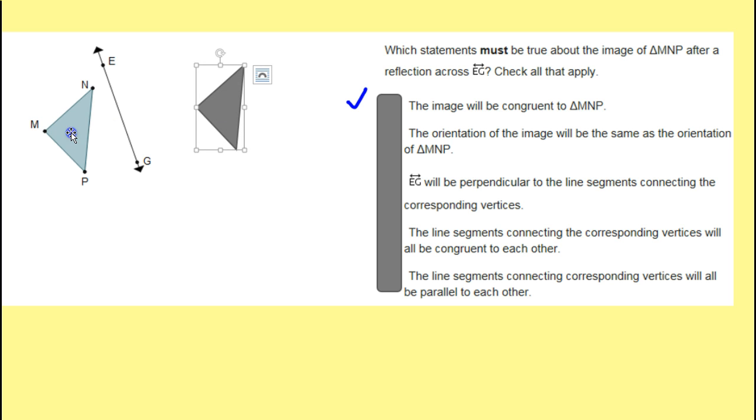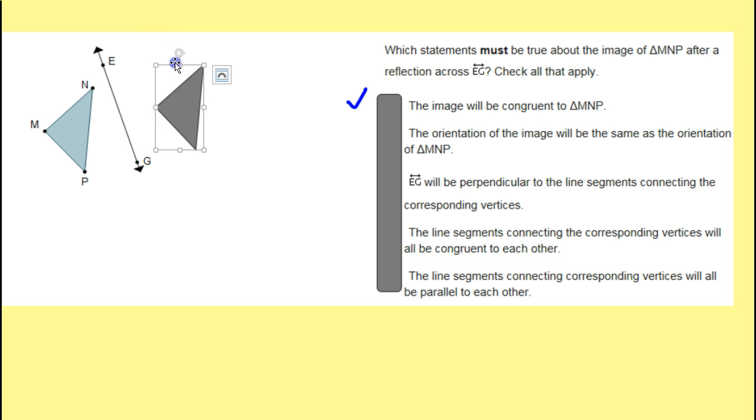It's facing the same way. If I go like this, though, now I've changed the orientation. It's not facing the same way anymore. So the question is, what about a reflection? Well, a reflection is definitely going to change the orientation because it's going to flip it the other way. It's going to make it face the other way.